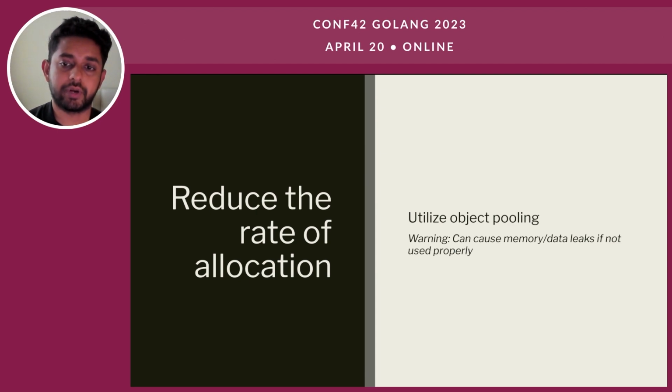A second potential problem here is if you're not properly sanitizing your objects before returning them to the pool, data may be persisted beyond its intended scope and could potentially be leaked to other scopes.